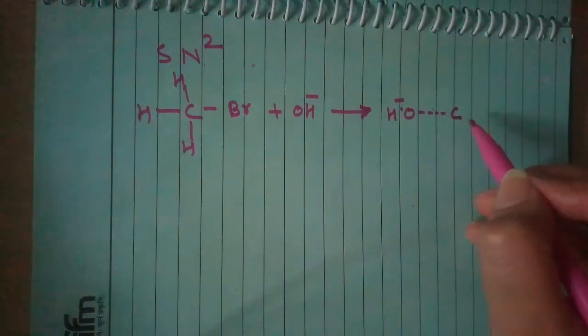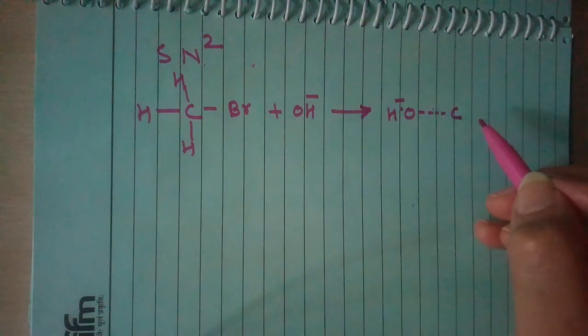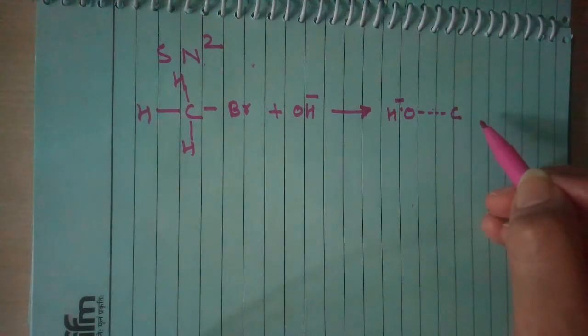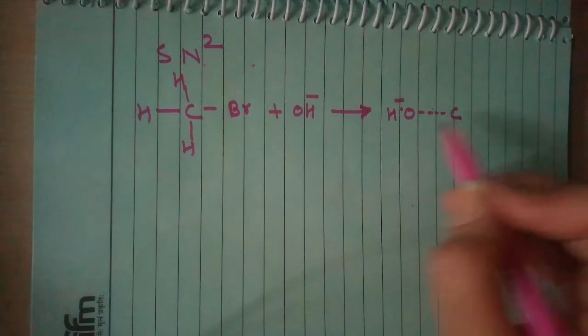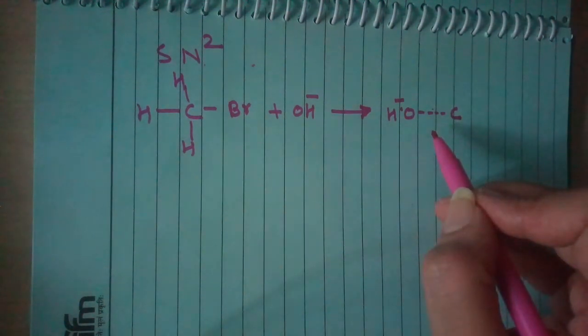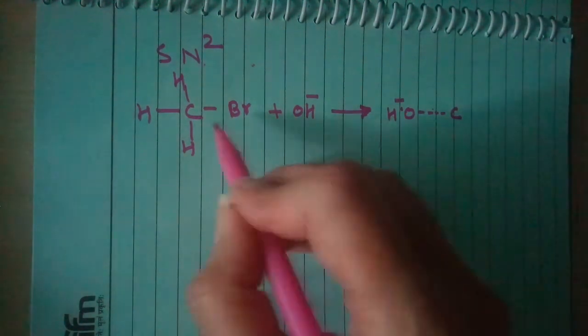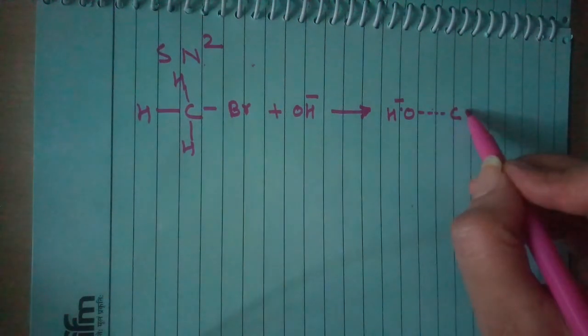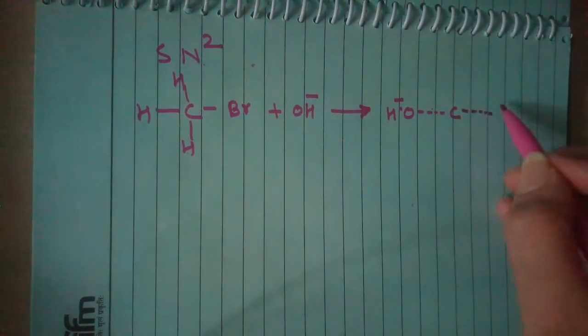Here the change in energy is the same irrespective of the path followed. Here what is happening? The carbon-bromide bond undergoes cleavage, and at the same time you are getting the transition state.